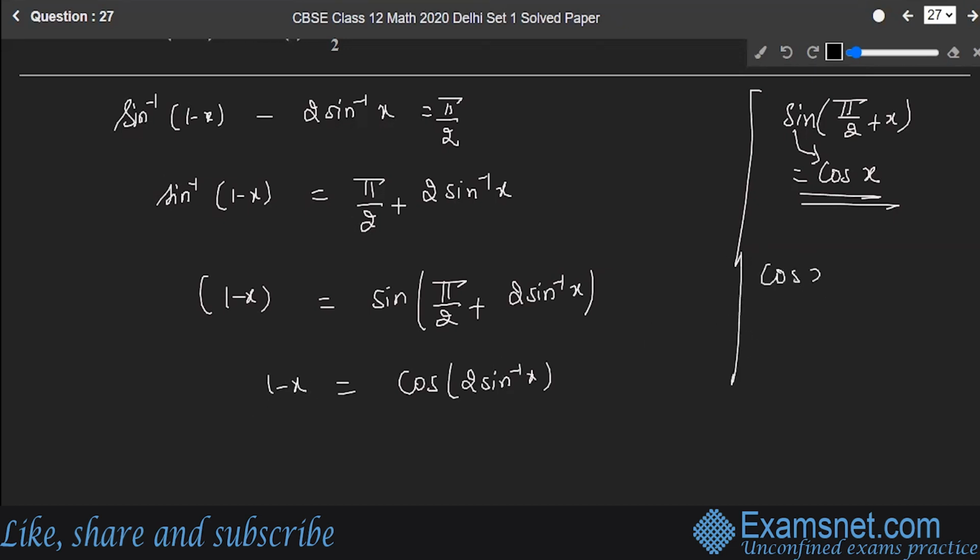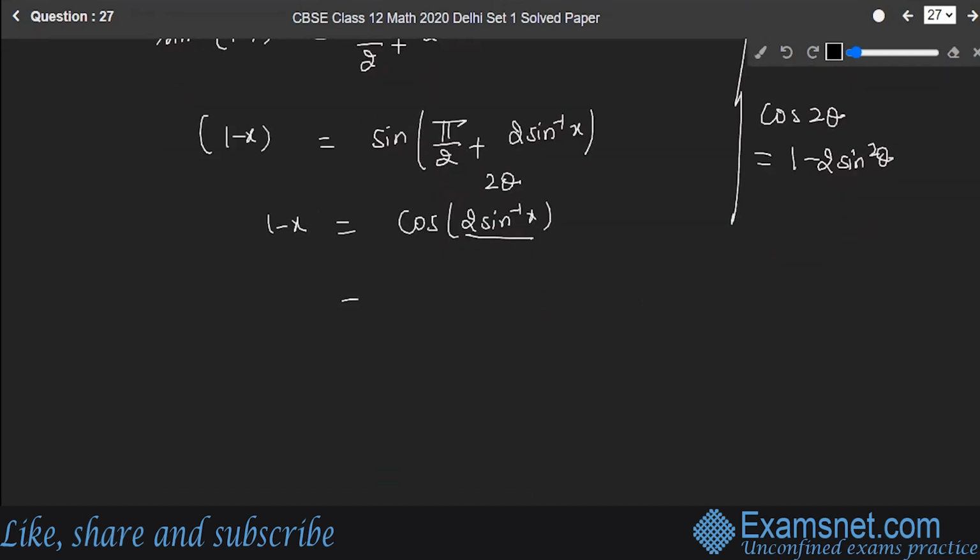Also, one more identity: cos 2 theta is equal to 1 minus 2 sine square theta. So here this is behaving as 2 theta, so this will be equal to 1 minus 2 sine square of theta, where theta was sine inverse of x.